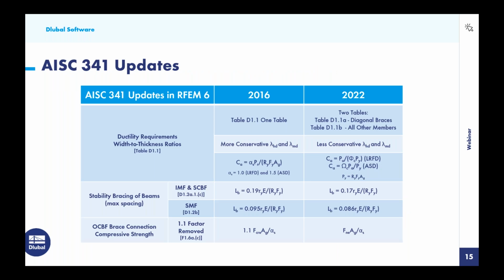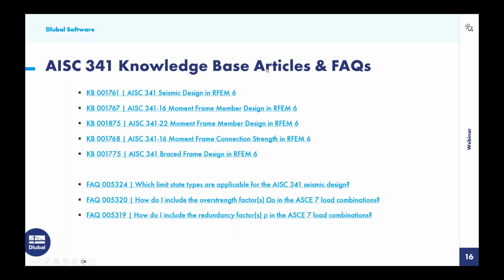And finally, we won't go through this in detail, but you can certainly pull this open on the PowerPoint PDF that is attached to the GoToWebinar and also available on our website. If you want to take a look at what has changed within the 341 between the 2016 and the 2022, relevant to RFEM only, so just a few applicable changes here. And you do have the ability to carry out these 341 checks for both versions within RFEM 6.